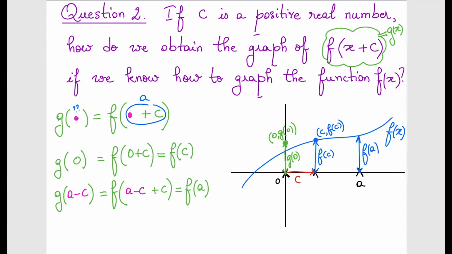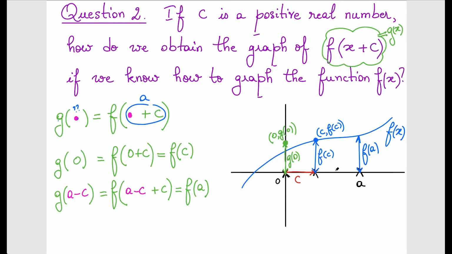So now if you focus just on the leftmost and rightmost entities, this means g of a minus c is equal to f of a, which means g is gonna produce at a minus c what f used to produce at a. That a minus c is earlier, right? It comes earlier, because c is a positive entity.